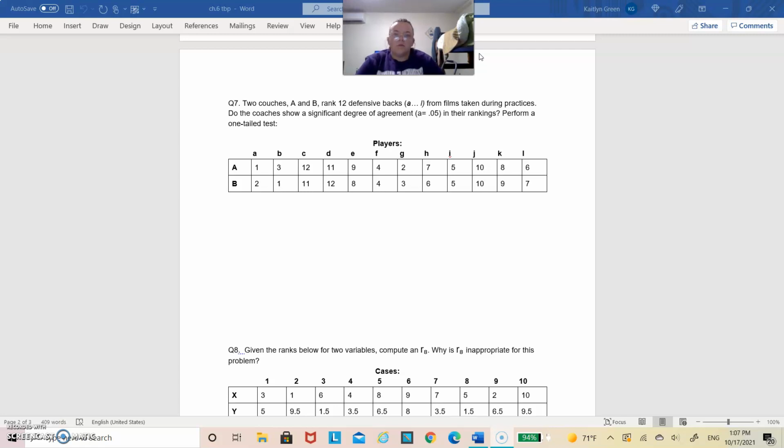Now, these problems require a lot of, I don't really want to say backbone setup, but it does take a little bit more to find di and di squared, but it's not really difficult. And as you can see here, these are my values for A, B, and then di squared. I think they're all in the frame there. But we're going to take all those values and put them into the Spearman rho equation.